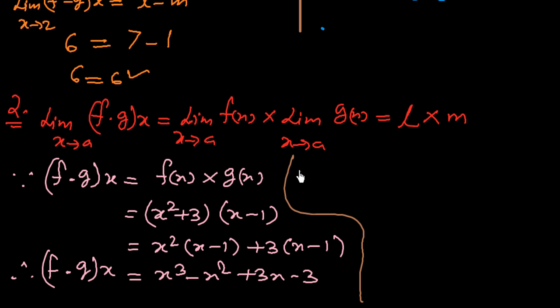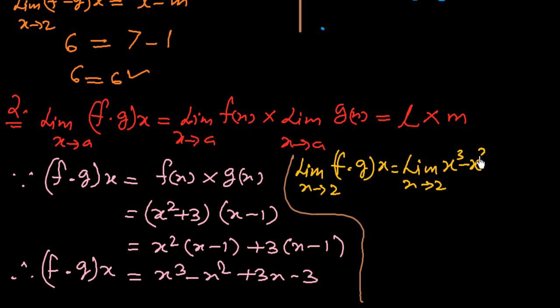So we get here limit x tends to 2 for f into g of x is equal to limit x tends to 2 for x cube minus x square plus 3x minus 3. So now we put 2 instead of x here.